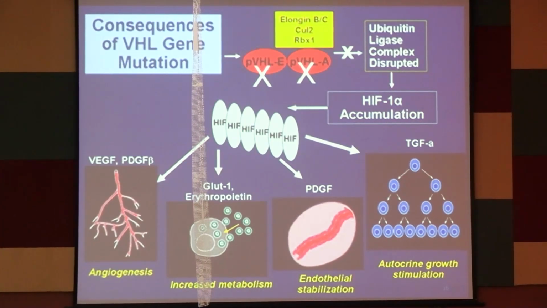What is the HIF doing? It is causing release of certain factors, which cause an increase in angiogenesis and ultimately the cancer formation. These factors are important words like VEGF, PDGF, GLUT1 as well as TGF alpha. So, these four names you have to remember: VEGF, PDGF, GLUT1 and TGF alpha.